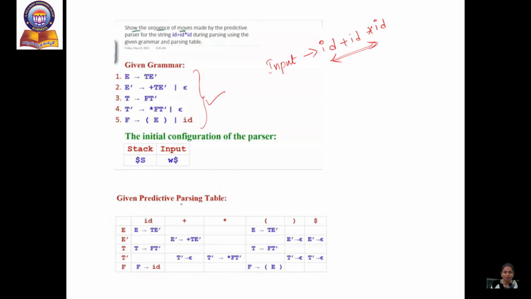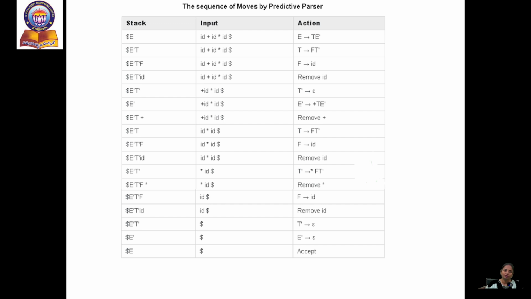This predictive parsing table should also be constructed by the user by applying some first and follow methods. For the construction of this predictive parsing table, I'll explain in another session clearly. Now for parsing the given string, this table is not necessary, so I am moving towards the next step.